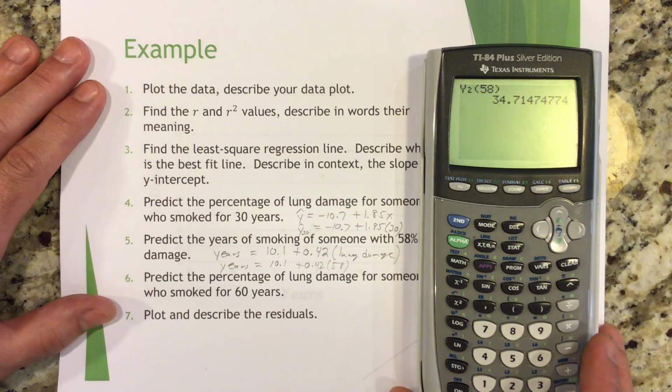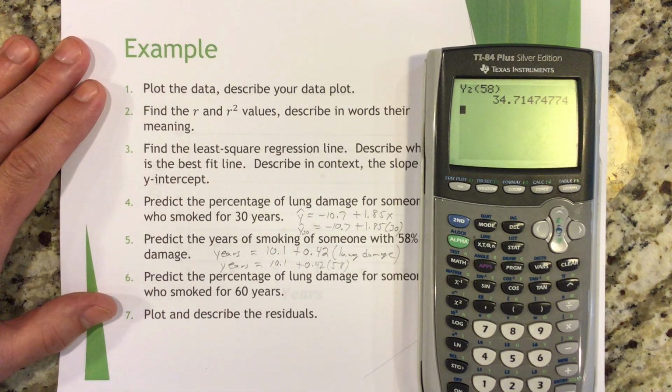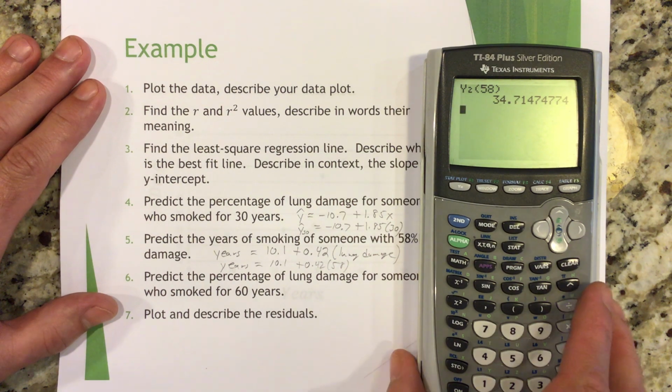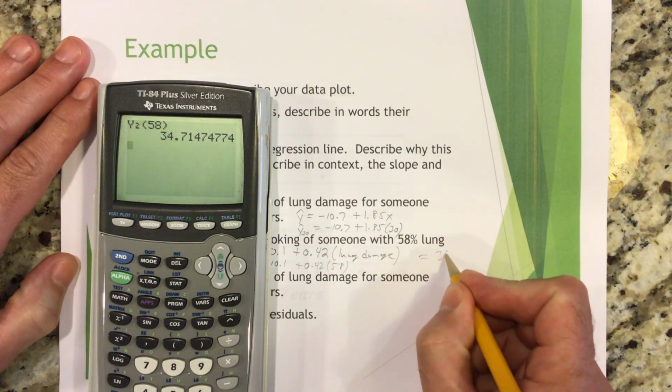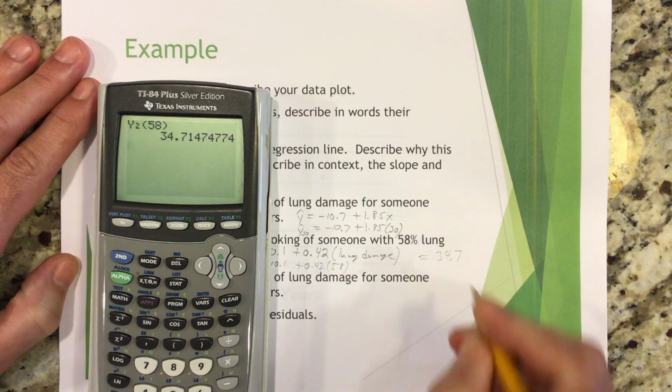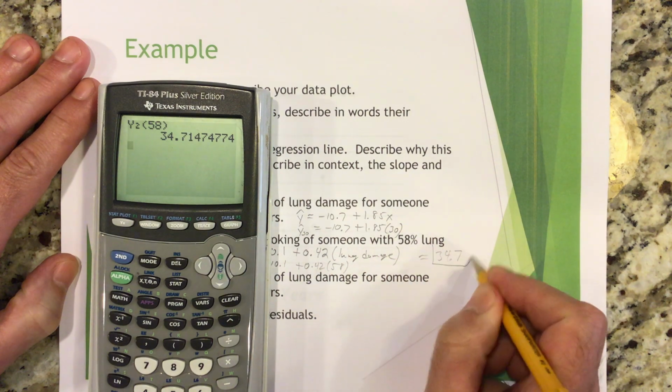And there we go. Approximately 34.7 years of smoking would be predicted. Now, I really want to stress, I'm going to write that down. Approximately 34.7. I really want to stress that's the correct answer.